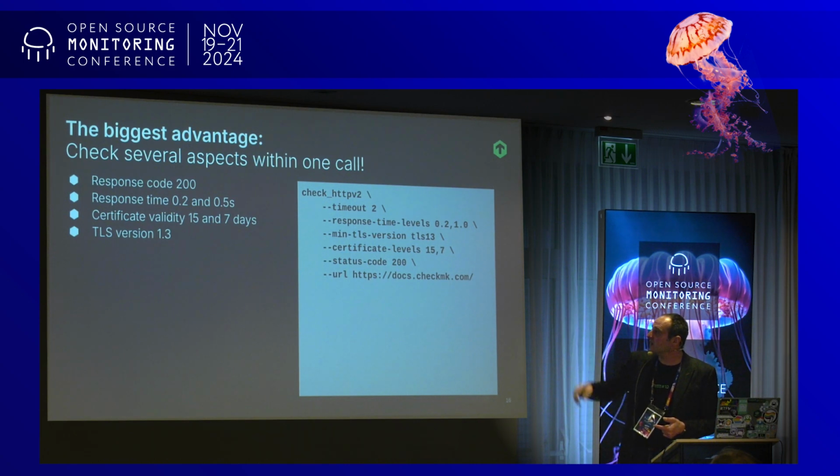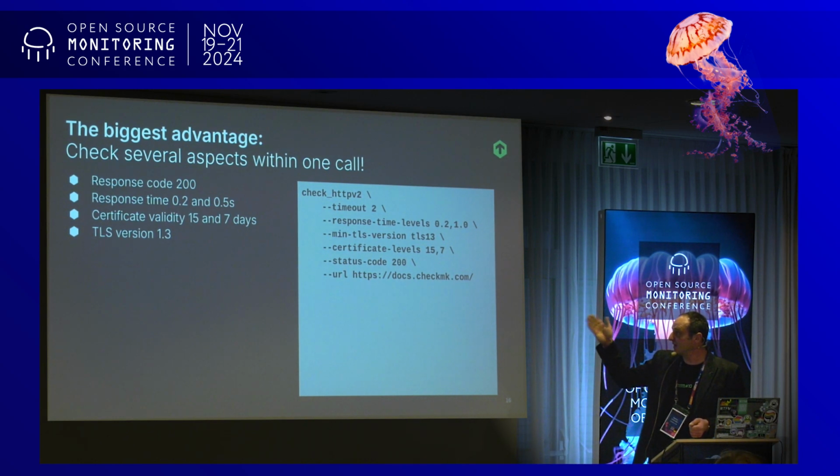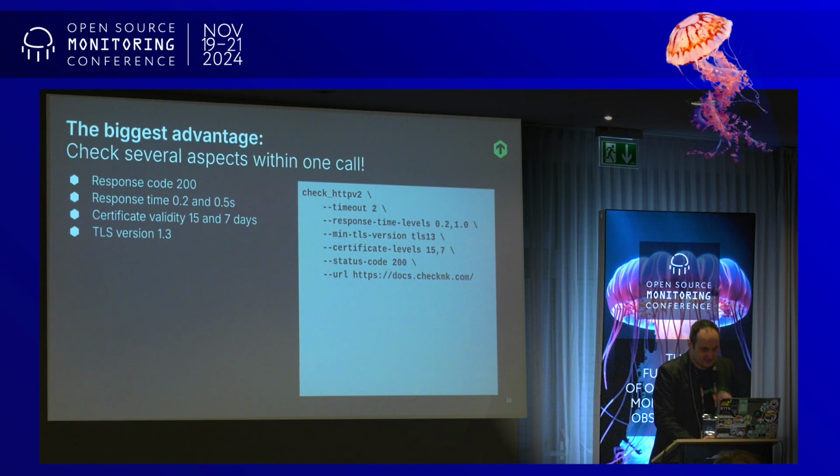So now imagine you have 10,000 hosts in monitoring. For each host you do this twice per minute. With the old check, instead of 20,000 times per minute, you now do it just 10,000 times per minute, because you don't have to spawn separate processes for certificate validation and status code check.